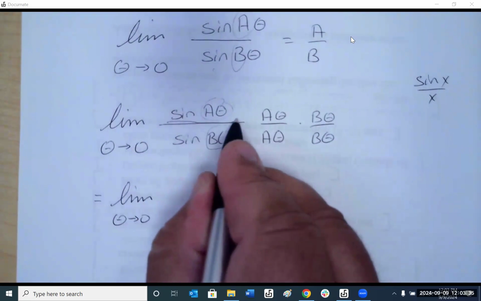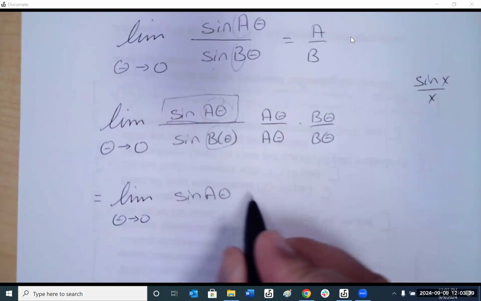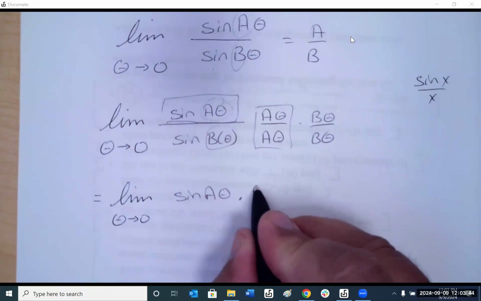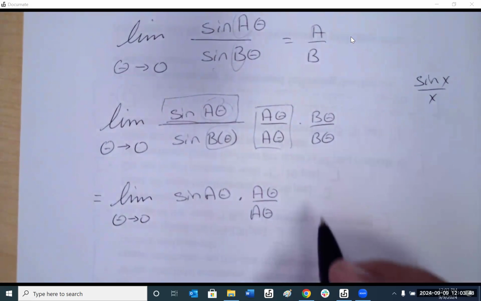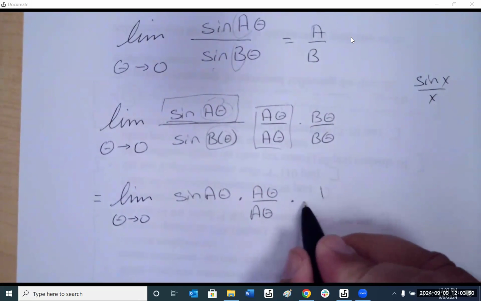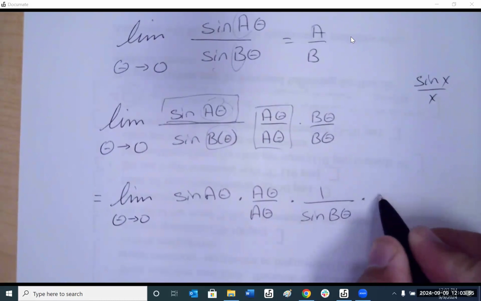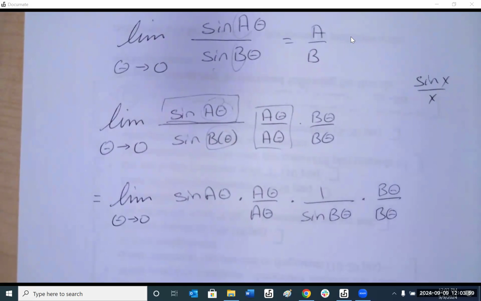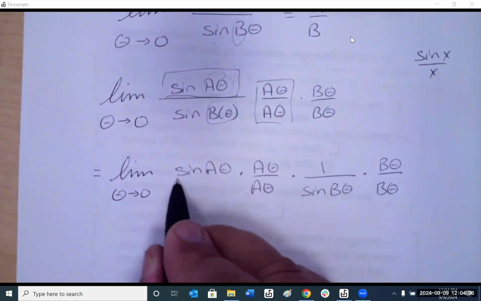So here I have sine A theta. I want to multiply it by A theta over A theta, times 1 over sine B theta times B theta over B theta. Remember, these are multiplied.